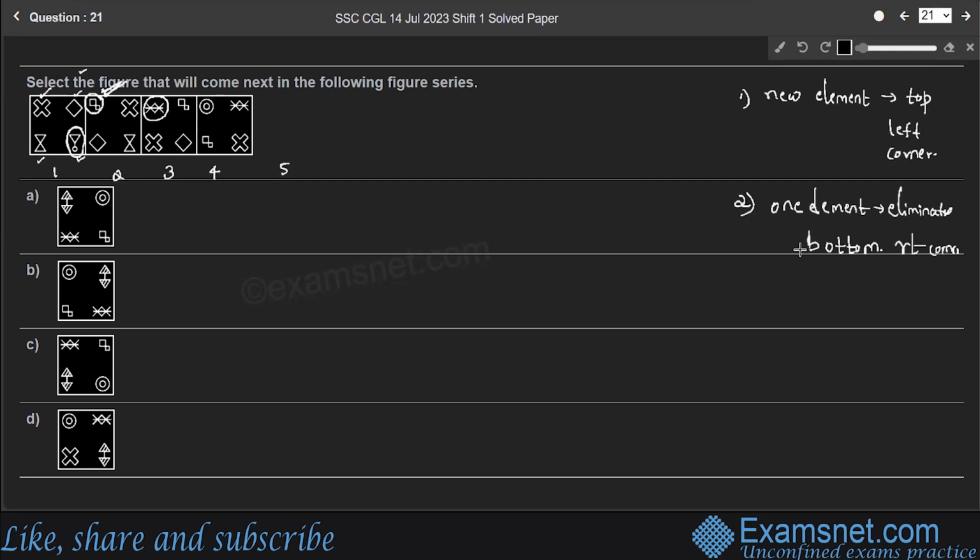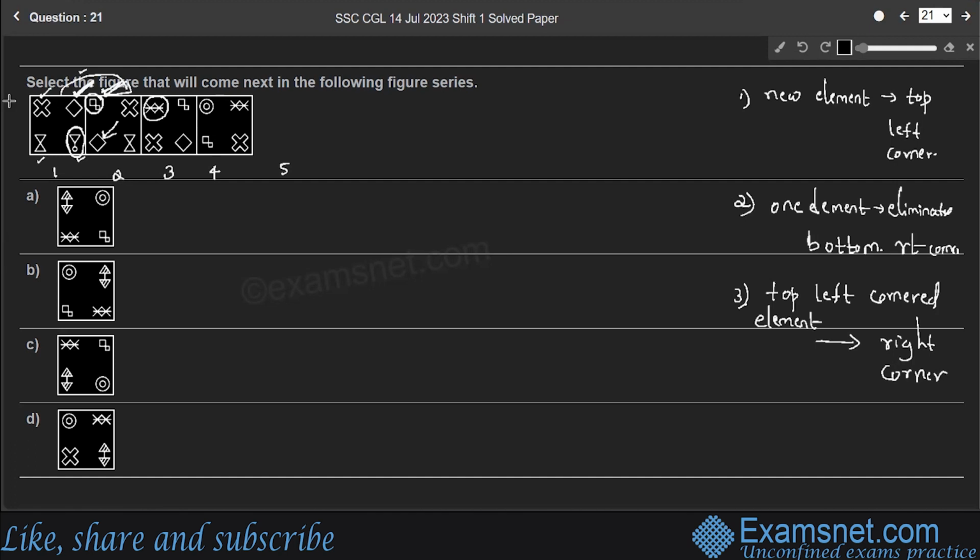The next rule is, the element which was at the top left corner will be shifted to the top right corner in the next step. And the top right cornered element, which in the first step was a diamond, will be shifted to the bottom left corner. So it will be shifted diagonally.